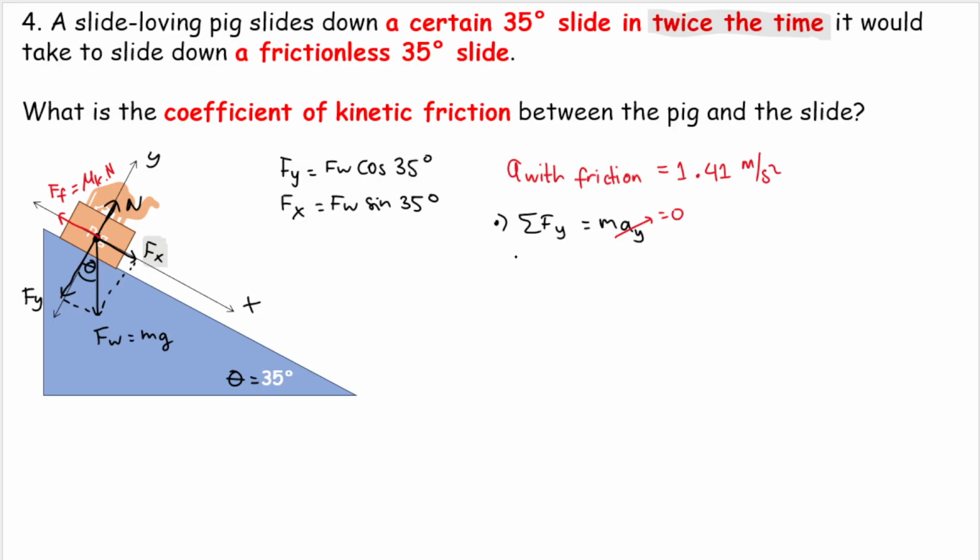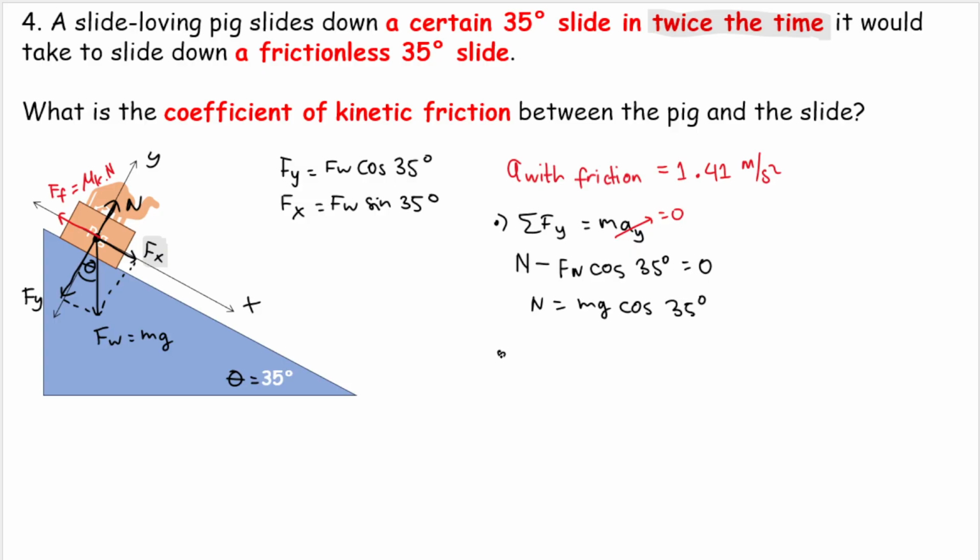So we'll have the normal force in the positive direction and Fy in the negative direction. But Fy here is just Fw cosine theta, Fw cosine 35 degrees, and that will equal 0. So the normal force here, with Fw being mg, is mg cosine 35 degrees. Good, and that is in the y direction.